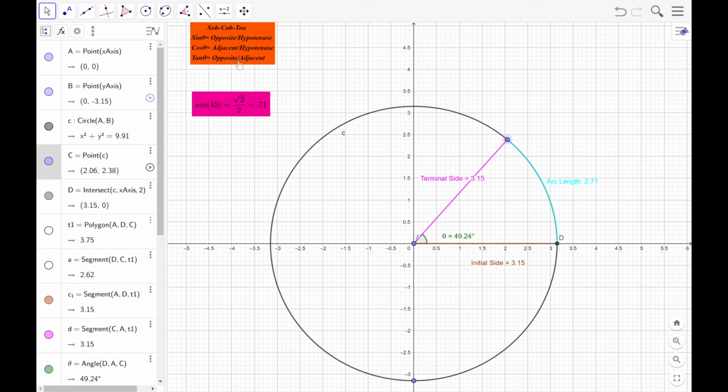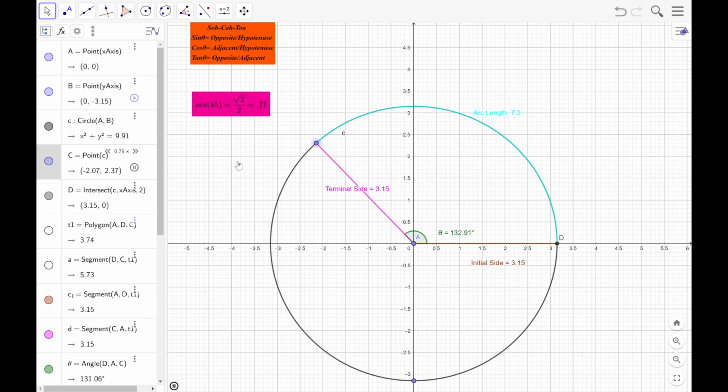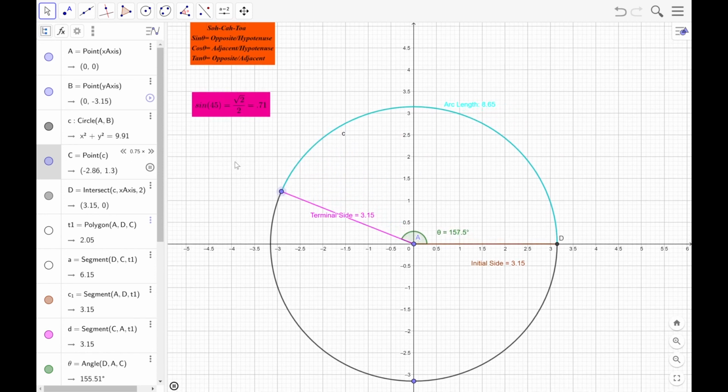So how does this rotating angle around this circle deal with right triangles? Well, what we can do is this. Let's see if I can get this angle fixed all the way at 45 degrees. Sometimes he's a little finicky, so let's see.